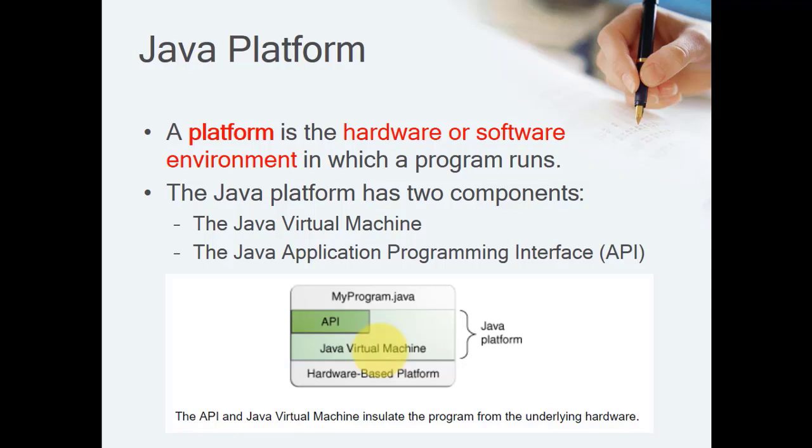It is a very huge set of APIs, and all these APIs run on the Java virtual machine. The Java virtual machine and the API combine to form the Java platform. We have to install this on a hardware based platform, that means on a microprocessor.